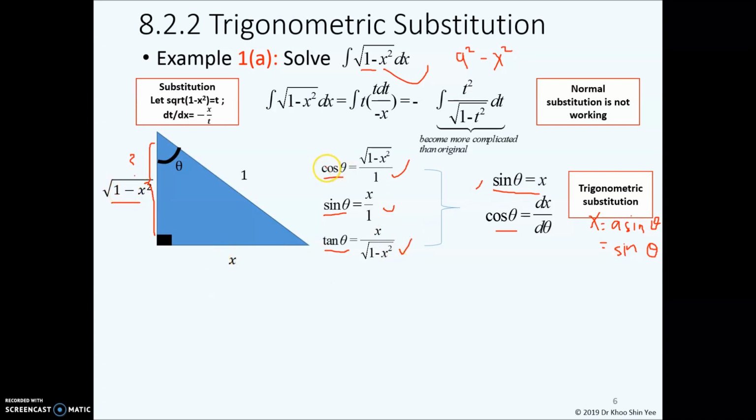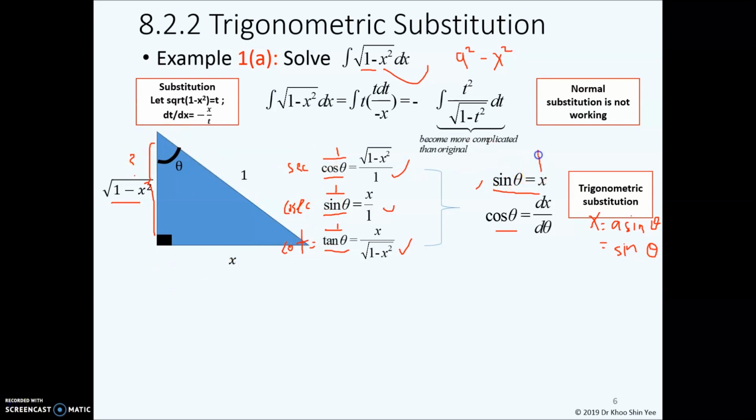You can also find the secant: secant is 1 divided by cos. Cosecant you can find by using 1 over sine, and then cotangent as well, from 1 over tangent. So you can find these six trigonometric functions from this triangle.